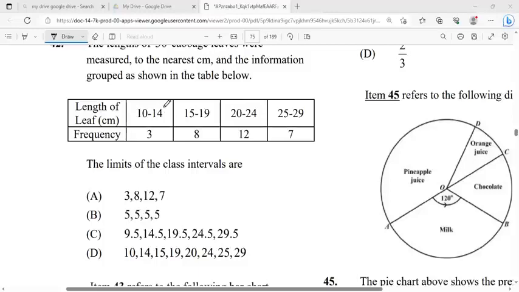So we add 0.5 to this, so it's going to be 14.5, and we subtract 0.5 off of this, so 9.5. So that's 5. Wow.